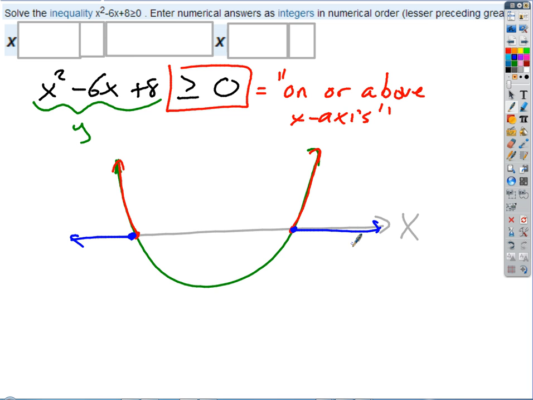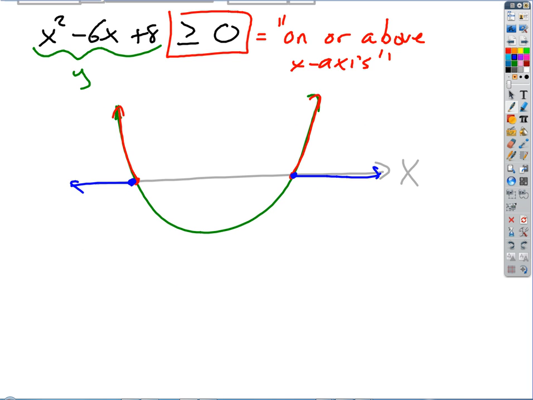So we already know what our answer is going to look like. For sure, this is an or compound inequality. This part over here is saying x is less than or equal to whatever that x-intercept is, or x is greater than or equal to whatever that x-intercept is.